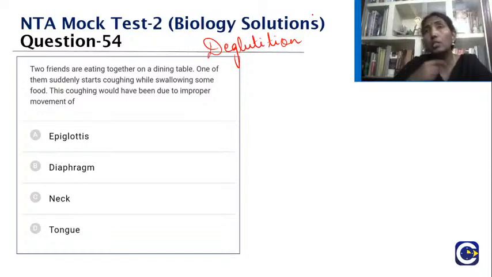The next thing is, it should not enter into the lung. So there will be approximation of the vocal cords and there will be swinging of the epiglottis. That is what prevents the entry of the food particle into the lungs. That is why they say choking hazard is so bad, and while eating you are not supposed to talk. So it is not the tongue or diaphragm or anything; all these are wrong options.